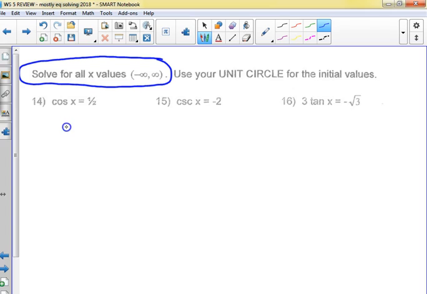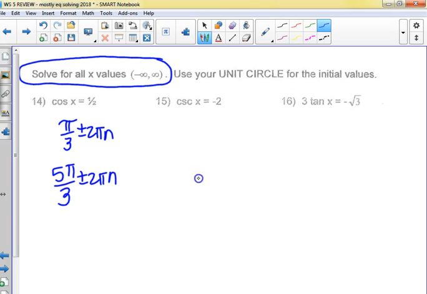Where's one? Yep, use your unit circle. So where's one where the cosine's 1/2? Anywhere else? Are we done? Yep, it says all values negative infinity to infinity, so we would need this, but that's it, right?